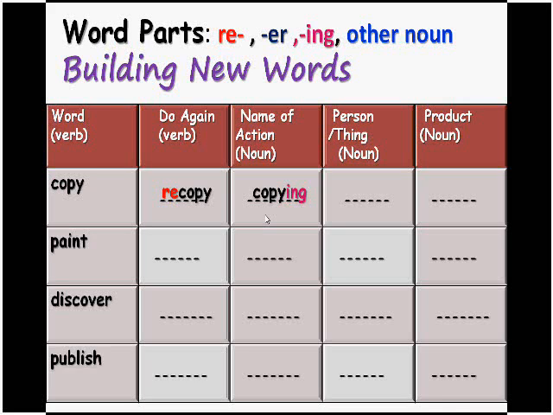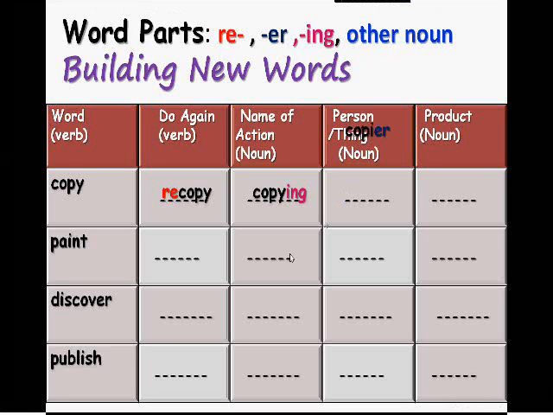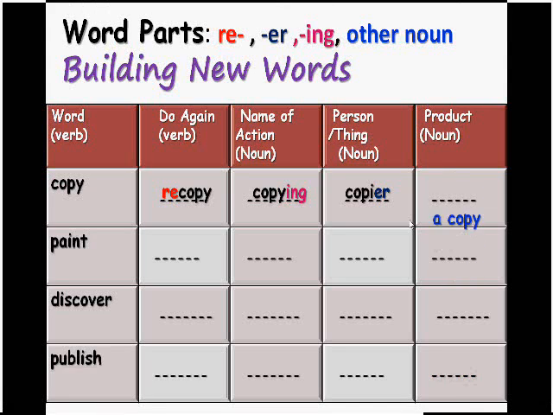Then in the third column of my table, I have person or thing, and of course this is a noun. So if I have person or thing, then which suffix indicates person or thing? Sure, er. Okay, so it's going to be copier. And of course here the copier means the machine you copy with, like a Xerox machine. Okay? And then the last part, which is the product or the simple noun of the verb. And in this case, the product is a copy.